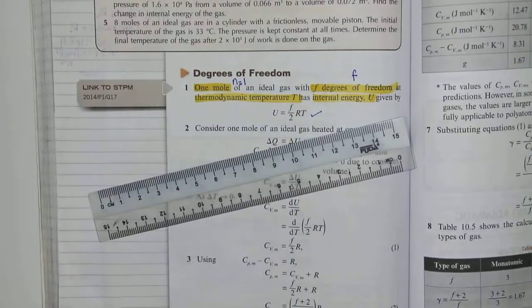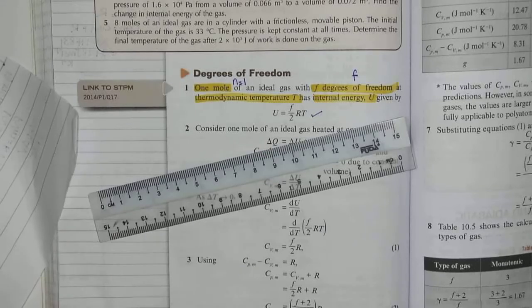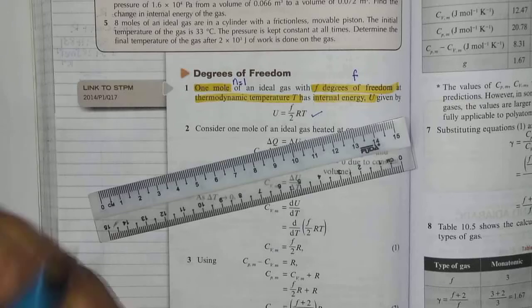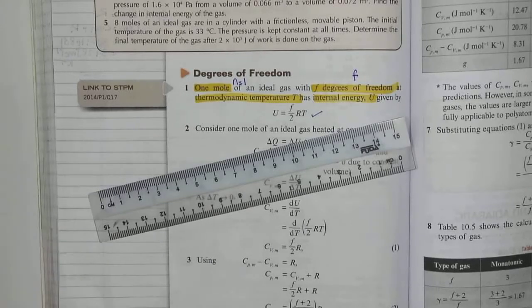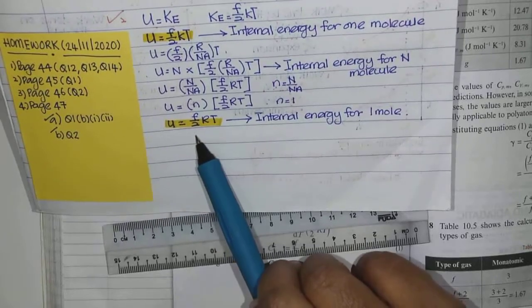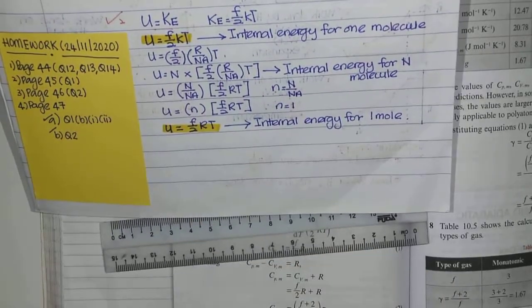How do I know that? If you turn back to your notes, for 1 mole, the internal energy is F over 2 RT.